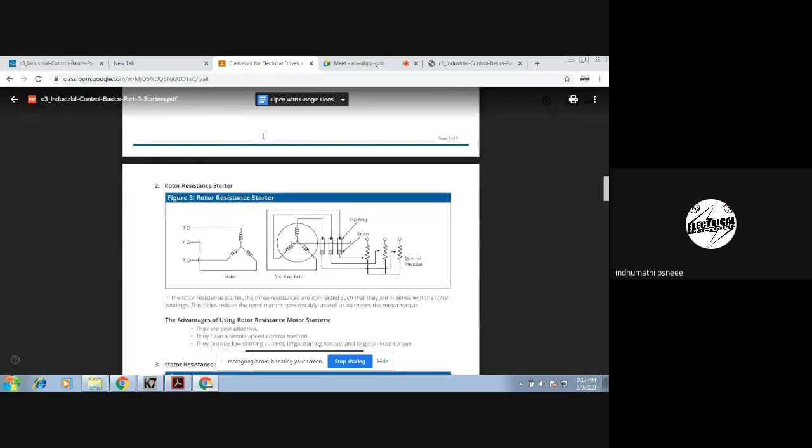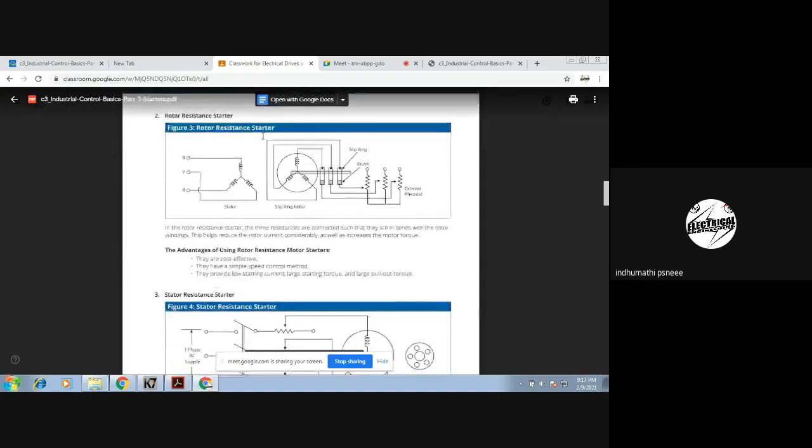The advantages of using the rotor resistance motor starter are that it is cost effective and has a simple speed control method, and it provides low starting current, large starting torque, and large pull out torque.